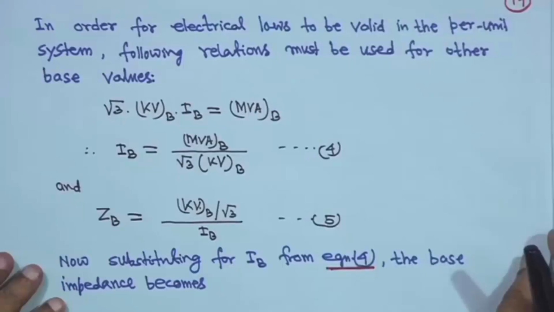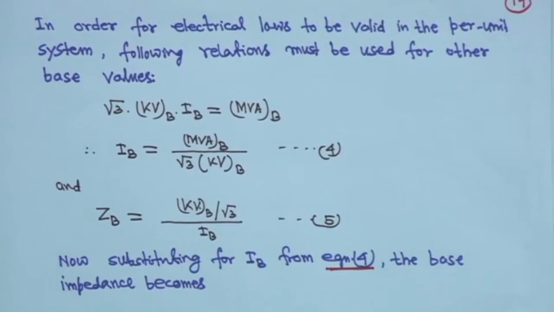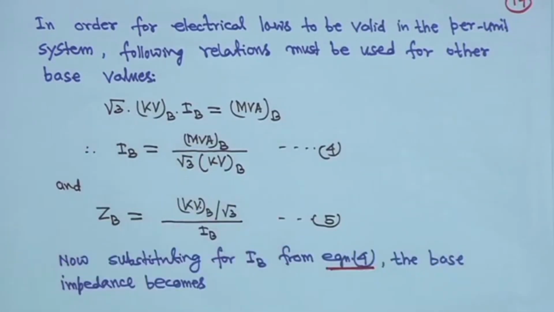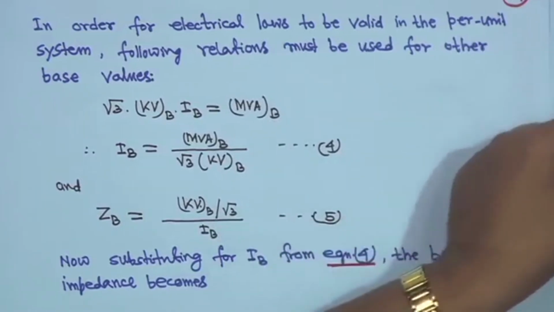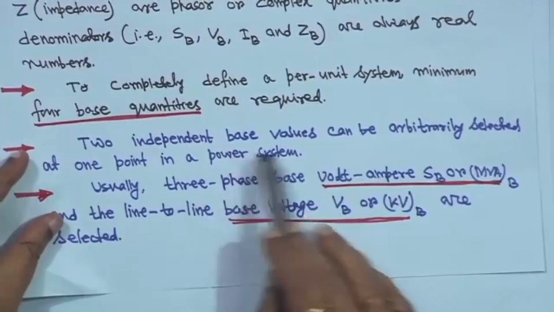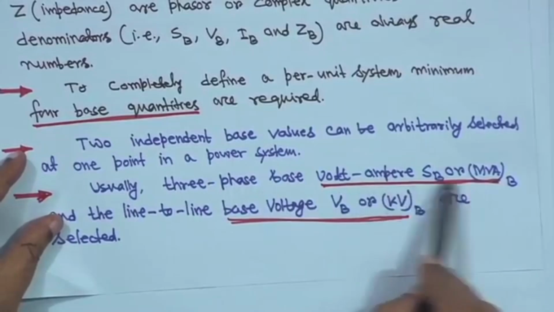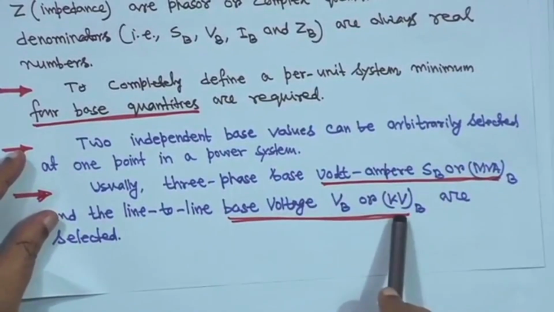Therefore, in order for electrical laws to be valid in the per unit system, the following relations must be used for other base values. For example, the base MVA is a 3 phase base volt ampere. I told you this is your 3 phase volt ampere, and this base voltage is a line to line voltage.